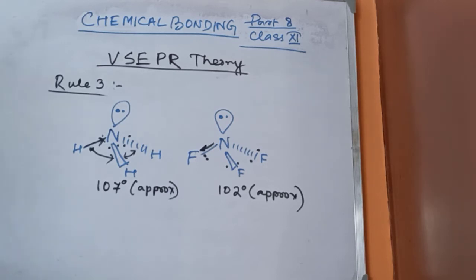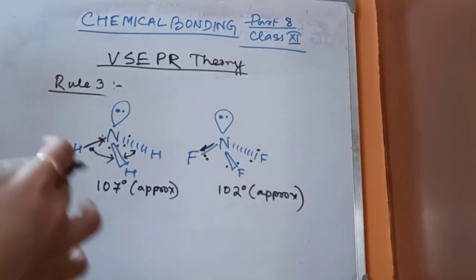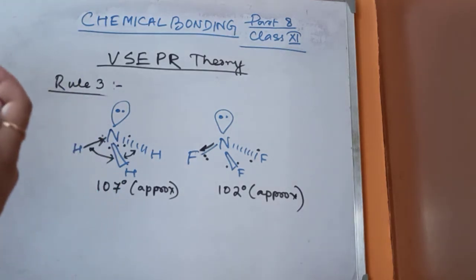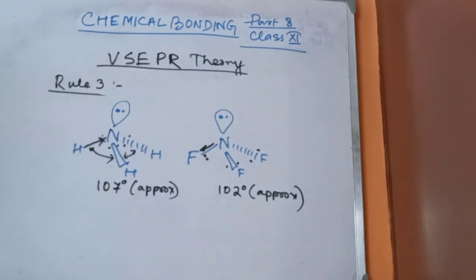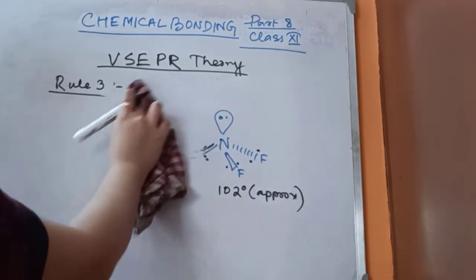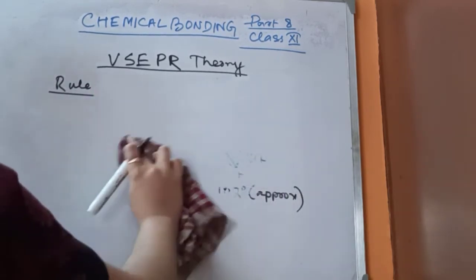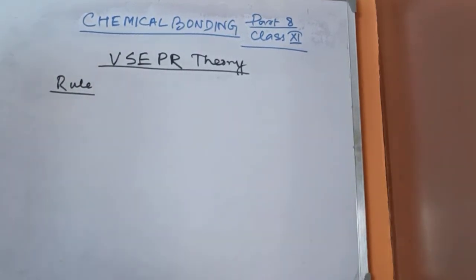There is a strong exception in rule 3 that can be explained by rule 4. So first we will come to rule 4 and then we will explain the exception of rule 3.